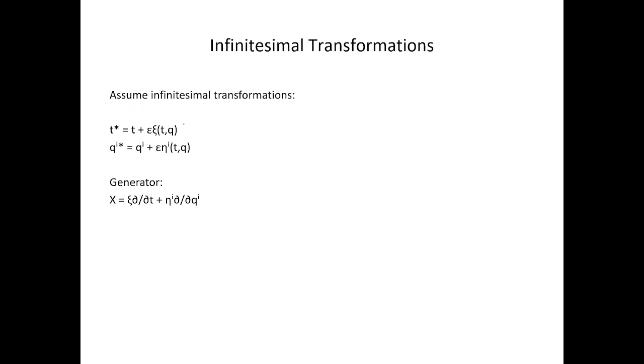This is the Noether symmetry transformation, or infinitesimal transformation: t star equals t plus epsilon xi, and q star equals q plus epsilon eta, and this is the corresponding generator.